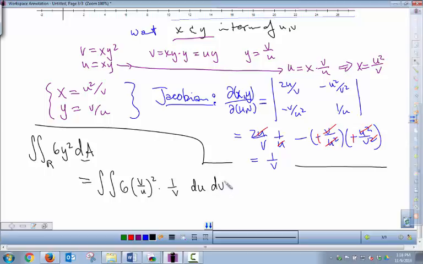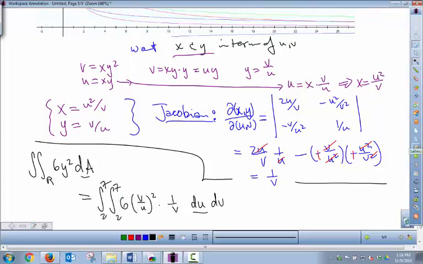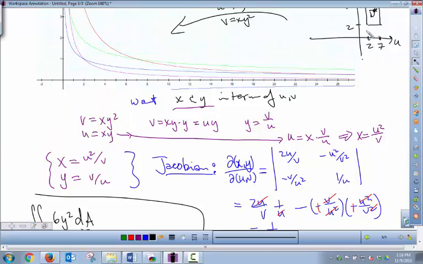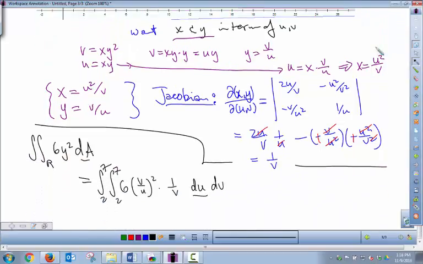And the du dv doesn't really matter which way we do it. We just have to know the limits. The limits turn out to be 2 to 7 for both of them, right? With constant limits, 2 to 7, 2 to 7. So this is a manageable integral now.